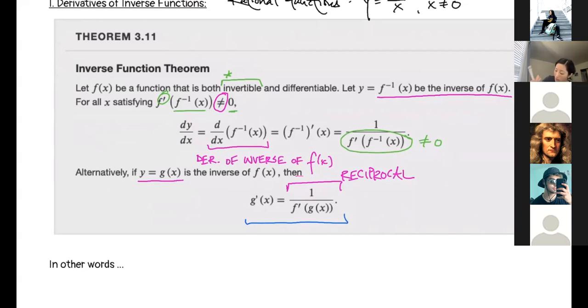Maybe we read the left-hand side as g prime of x, but if we were explaining it, we would say the derivative of g of x is equal to, okay, we've taken just that left-hand side, the derivative of g of x is equal to 1 over f prime of g of x.